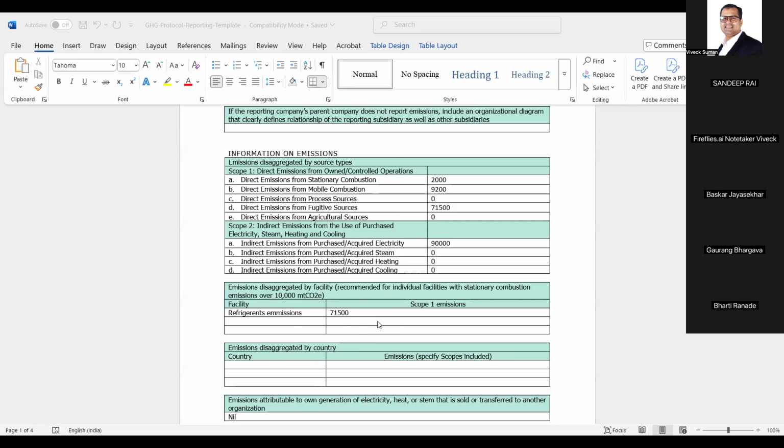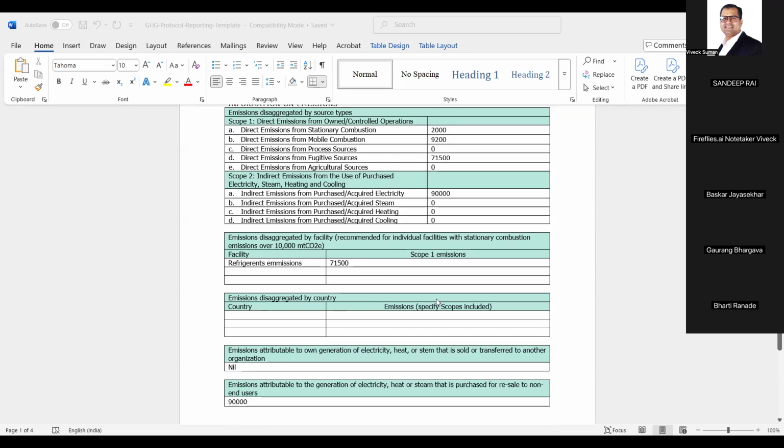It is 71,500. Others are less than 10,000. Stationary combustion is less than 10,000, 2,000. Mobile combustion is also less than 10,000. So I didn't put it here. Emissions aggregated by facility, it is 71.5 thousand. That's correct, 71.5 tons of CO2. Okay, fine, sir. So this is country specific.